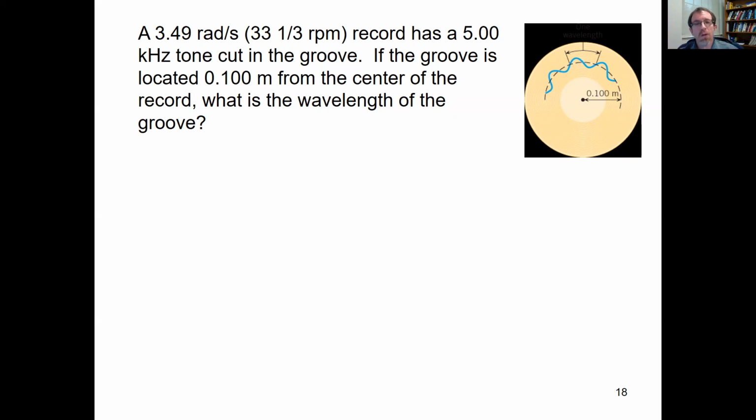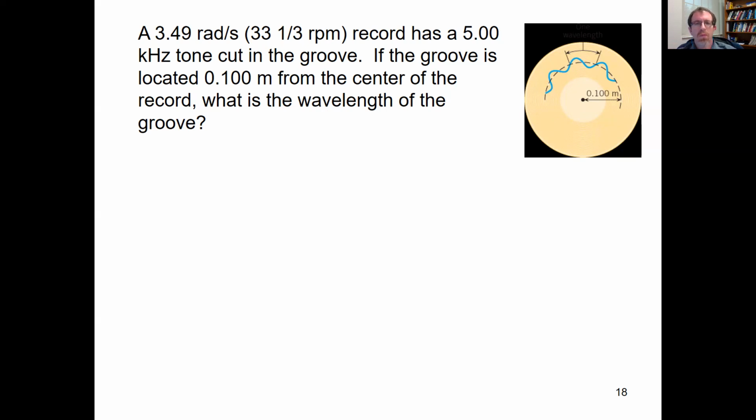So this particular record is the most boring record of all time. It has just a steady frequency of 5 kilohertz cut into it. That's 5,000 hertz, something really annoying, right? But at any rate, that's the sound that comes from this record. So it's a 5,000 hertz frequency.